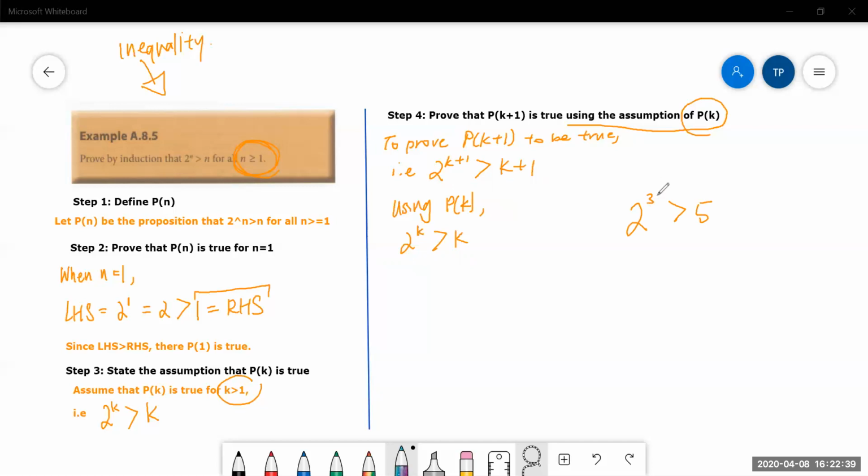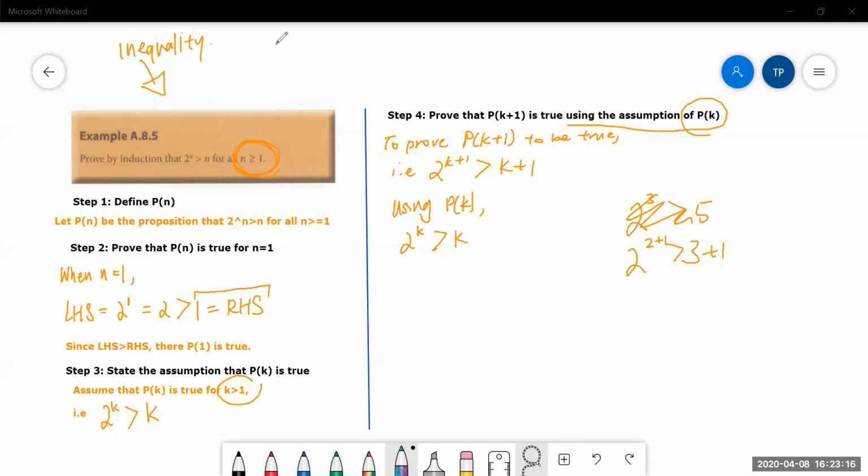Or for instance, 2 to the power of 2 is greater than, say, 3. You cannot say, oh, plus 1 here means plus 1 here. It doesn't make sense that way. Oh, okay. Then I don't know. I think you can explain.